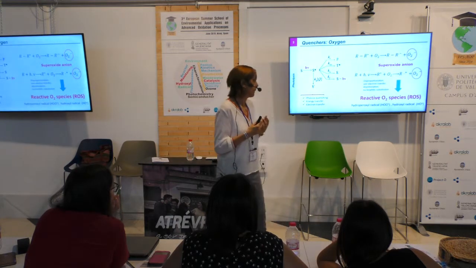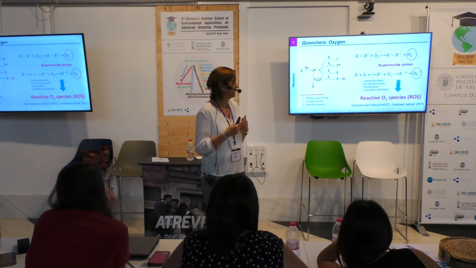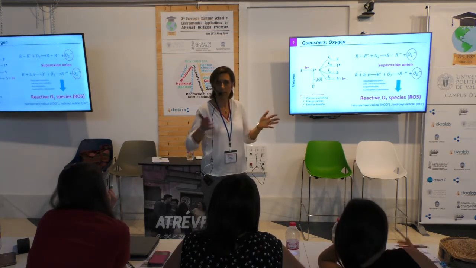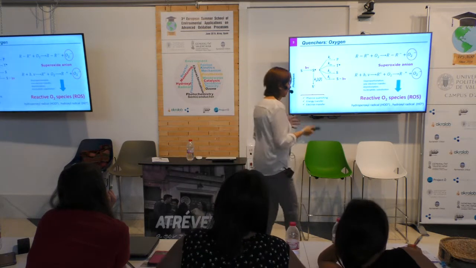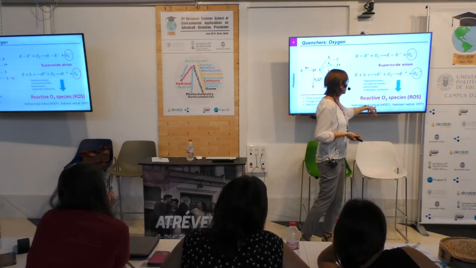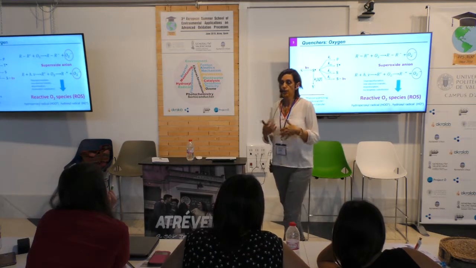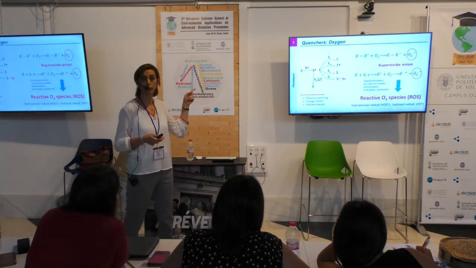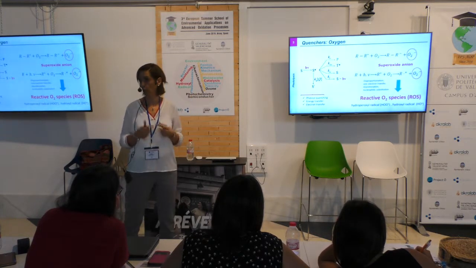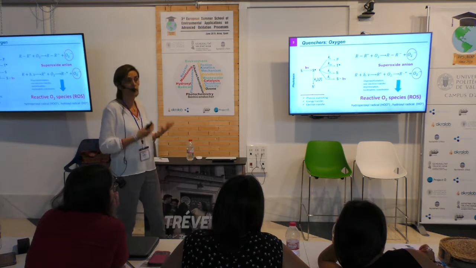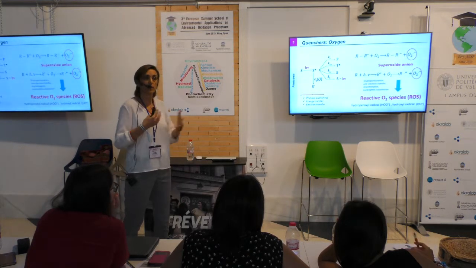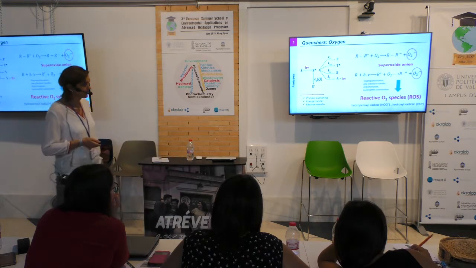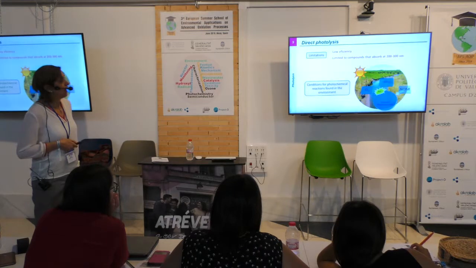But what it generates is a pathway for generating other radicals in the media, rather than superoxide radicals, like hydroperoxyl radicals and hydroxyl radicals. So it's a contribution to generating radicals in the media, what is called reactive oxygen species, or ROS. When we talk about ROS, we're talking about these radicals that are generated because of these photochemical interactions.